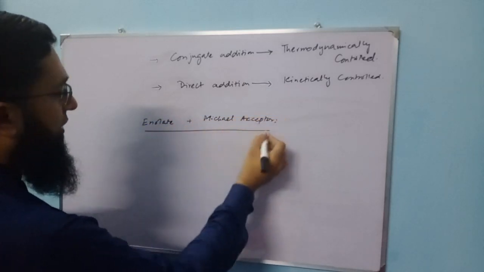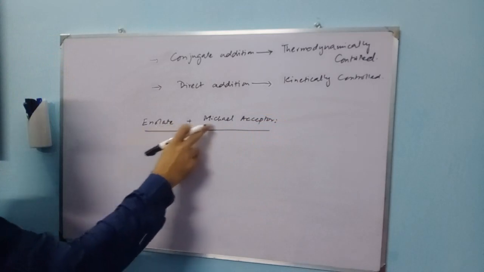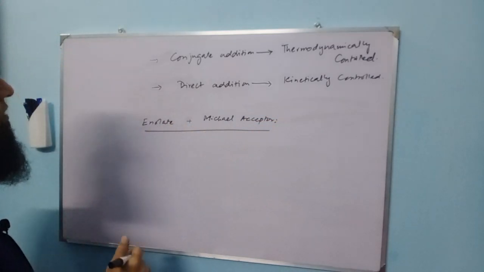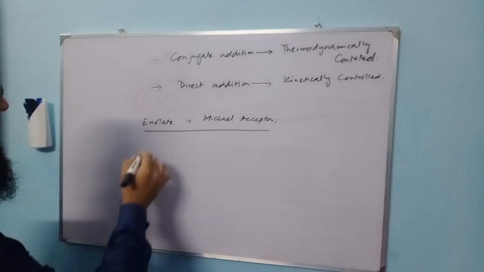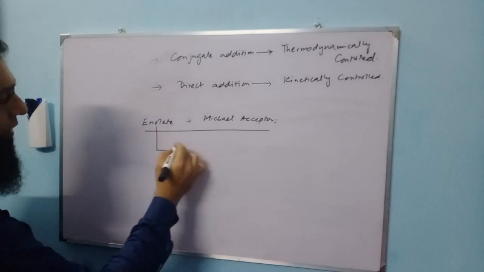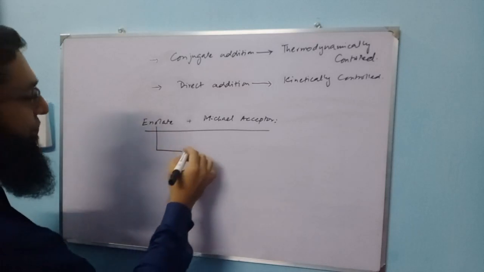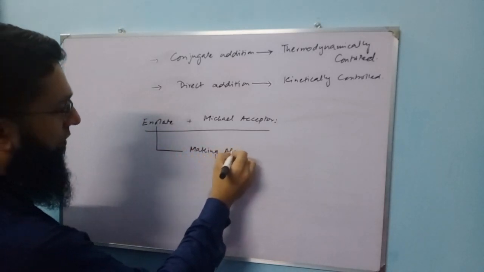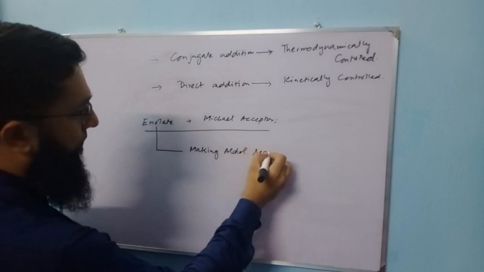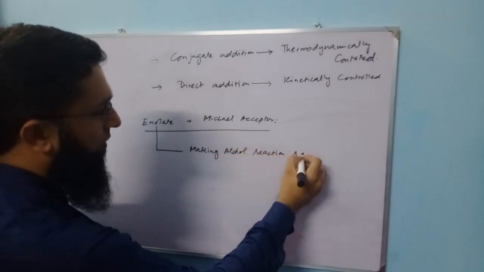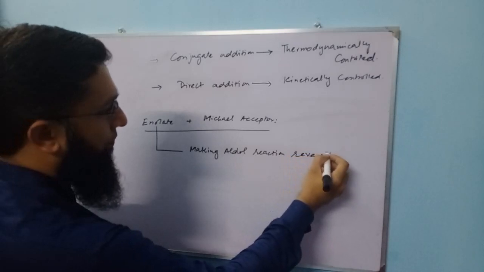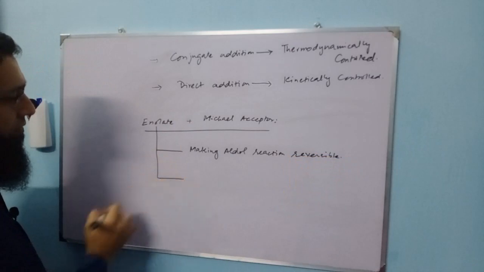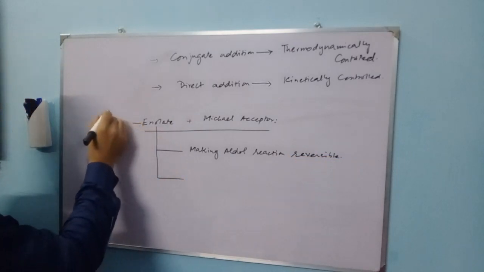For a Michael reaction, we need enolate and Michael acceptor, and to increase the chances of conjugate addition, the enolate can promote conjugate addition by making the aldol reaction reversible, and the enolate should be stable.